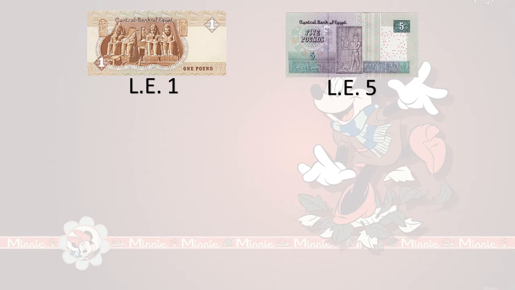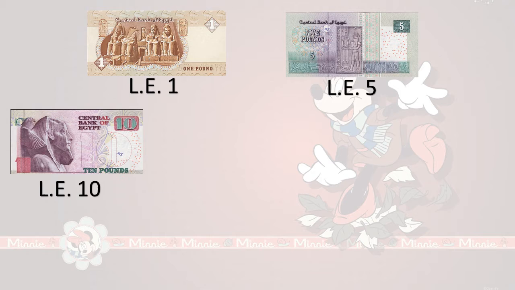Here we have one Egyptian pound. We often use LE to stand for the words Egyptian pound. So we have one LE or one Egyptian pound. We also have 5 LE or 5 Egyptian pound. We have 10 LE or 10 Egyptian pound.